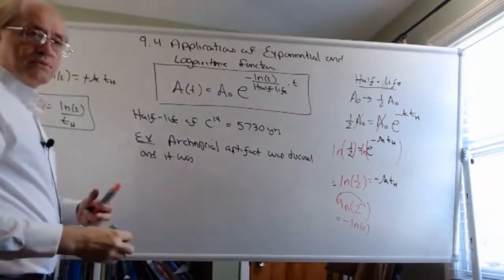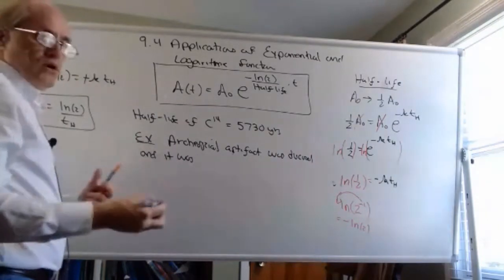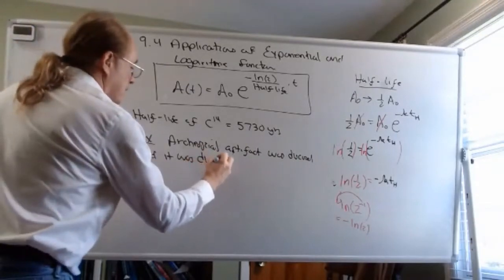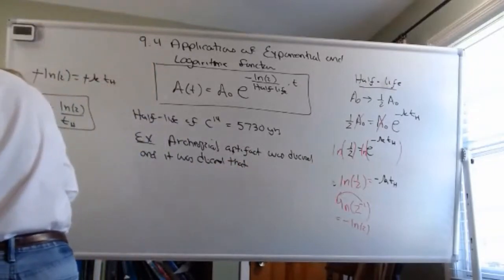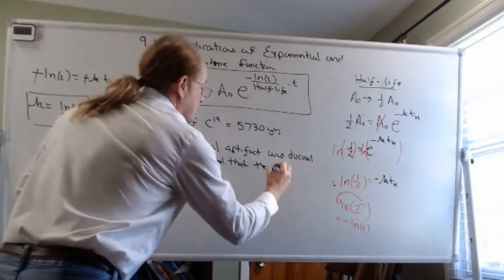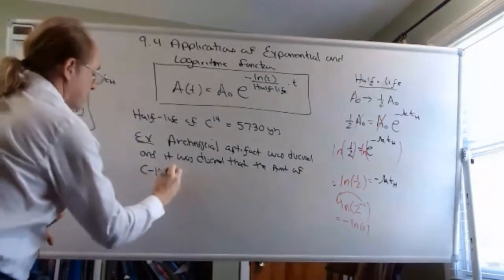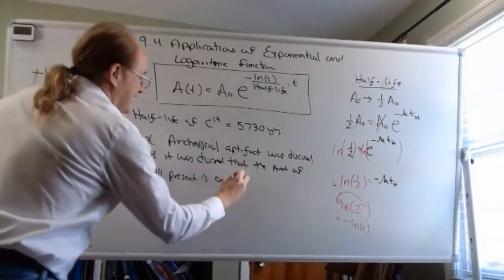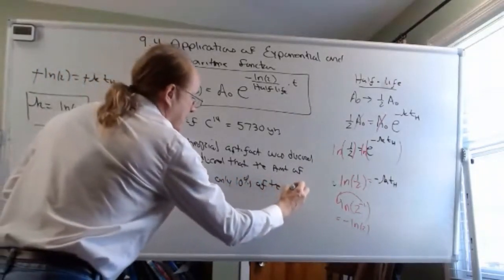They put it through a test and checked the amount, because they know living things have the same proportion of carbon in them, so they keep that. And it was discovered that the amount of carbon 14 present is only 10% of the original amount.